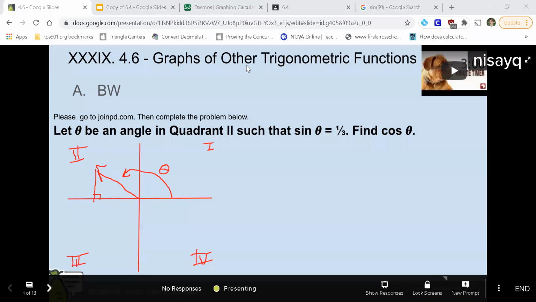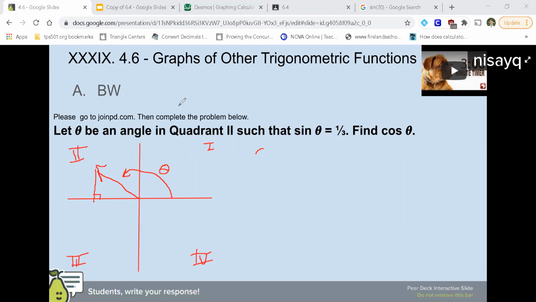Okay, and so if you have a right triangle, we can then use our formulas, which you should have from 4.4, but to be honest, if you use your formulas for the unit circle, you'll get the right answer eventually. But the sine of our angle, if you use 4.4's formulas, is y over r.